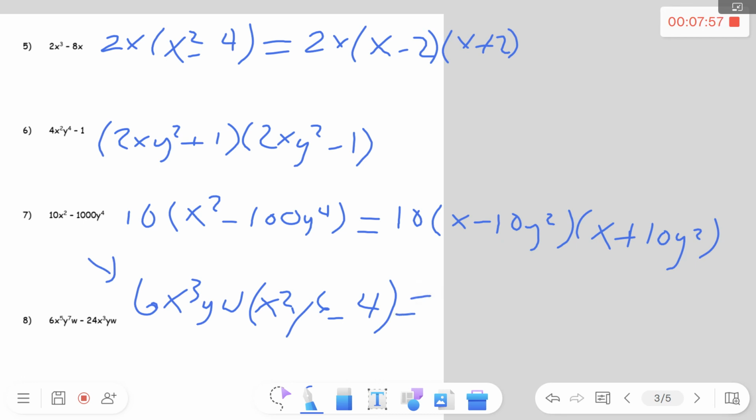Don't lose your GCF. 6x cubed, y, w, paren. Now I'm going to have x, y to the 3rd, minus 2, x, y to the 3rd, plus 2, right there. Okay?